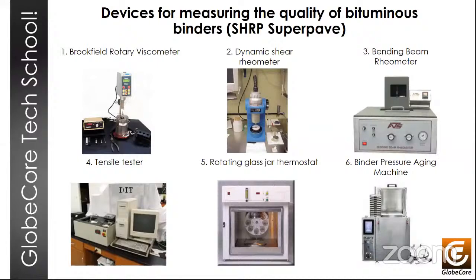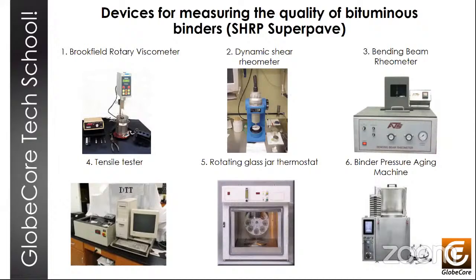So for such tests, it's extremely important to ensure high measurement accuracy. For that, laser micrometers are usually used, and the temperature is maintained with a precision of plus or minus 0.1 degree centigrade.